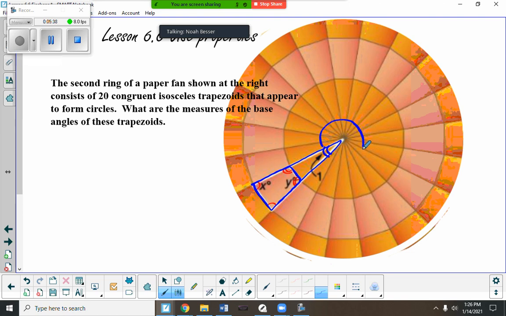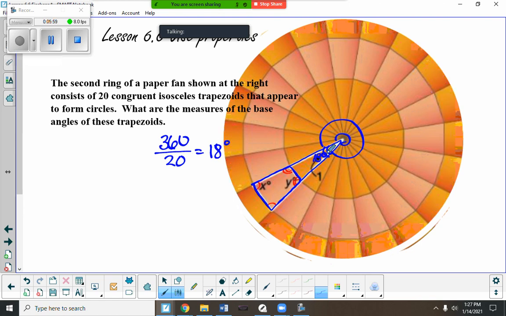Okay, yes. In a circle, there are 360 degrees, okay? And this is 1/20th of it. So we take 360 divided by 20, which is 18. So this angle right here is 18 degrees.